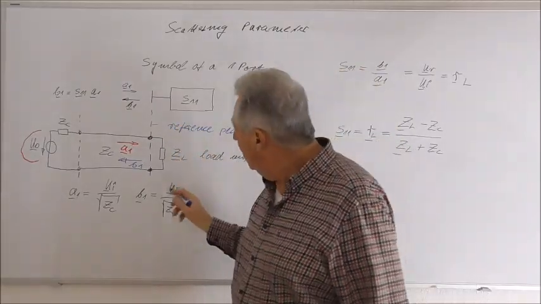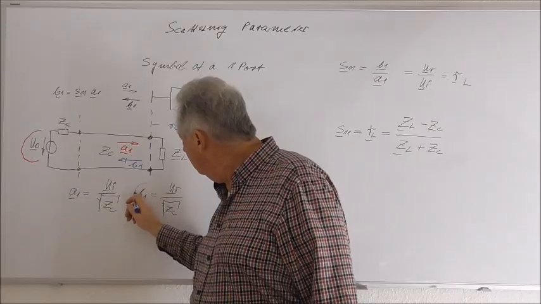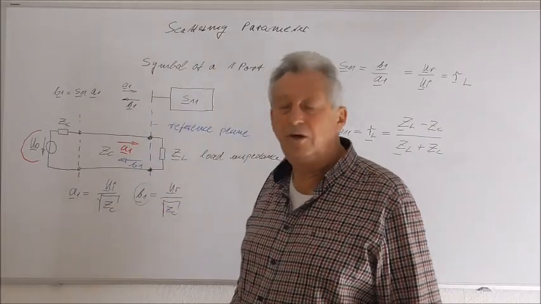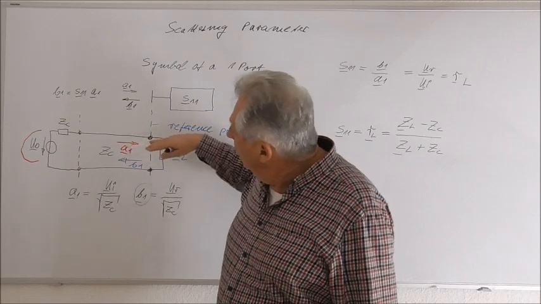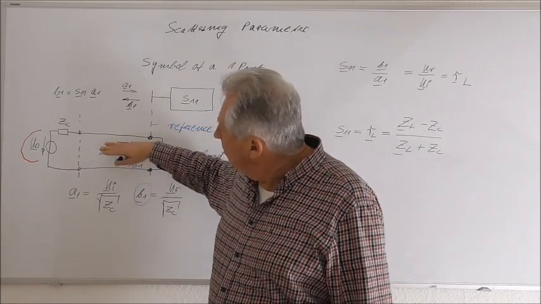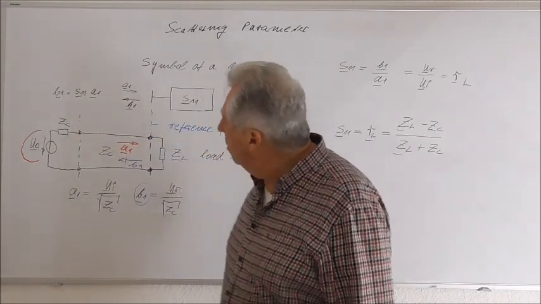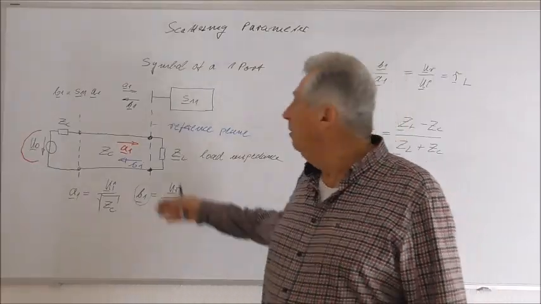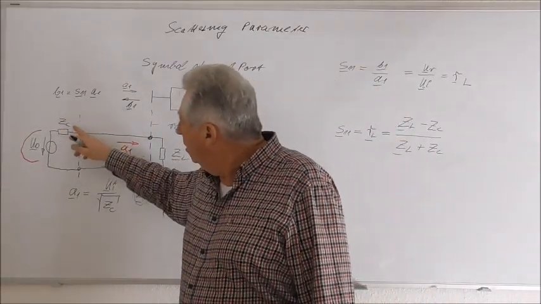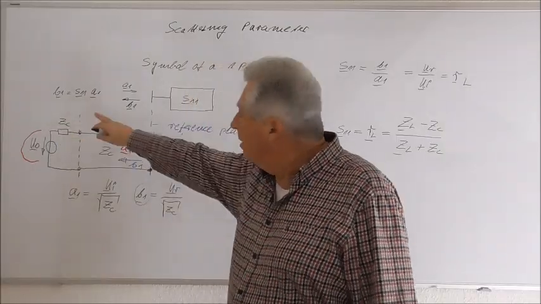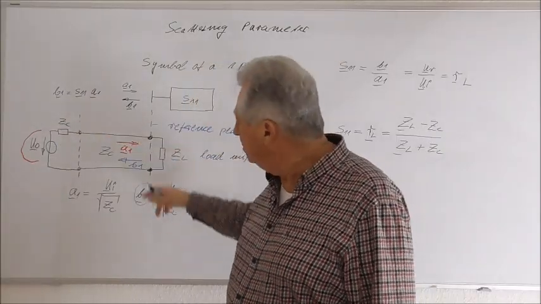So we have two waves, one B1, which is a reflected wave. Of course this reflected wave will run back to our generator and will then be converted to heat in its internal resistance.